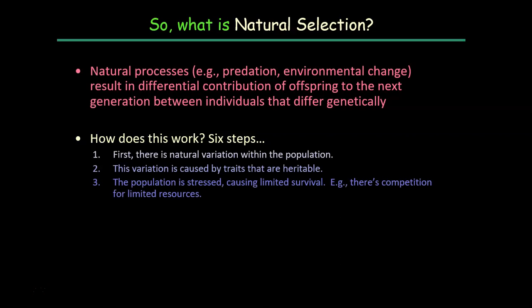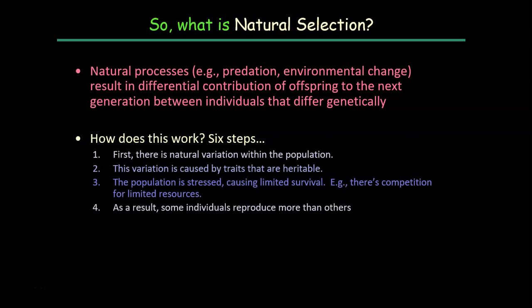Number 3, the population must endure some form of stress, which causes limited survival. That happens all the time. It could be competition, it could be predation, it could be climate change of some form, whatever. Doesn't matter. As long as the population is stressed in some way, then some individuals are going to have an advantage over others in the population.